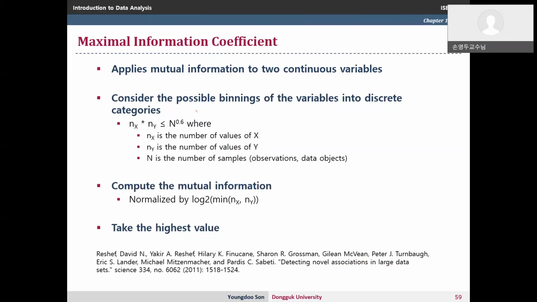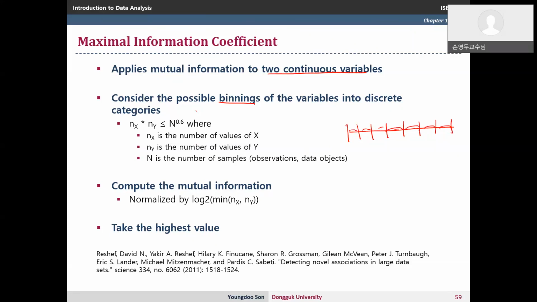And for continuous variables, we usually make bins for the variable so that we can turn continuous variables into discrete categories. The meaning is that if we have continuous variables, we can make some bins. For example, we can bin the continuous variable into 5, 6, 7 discrete values.